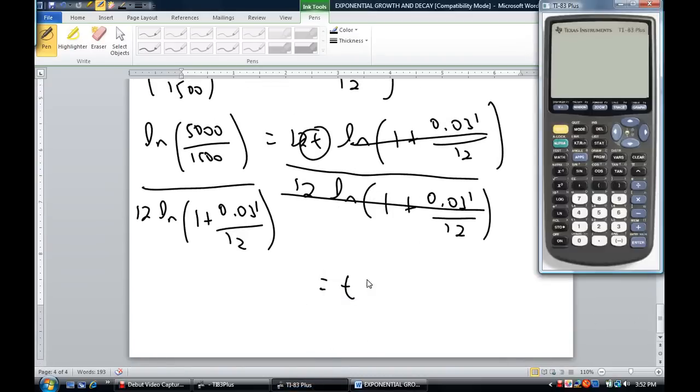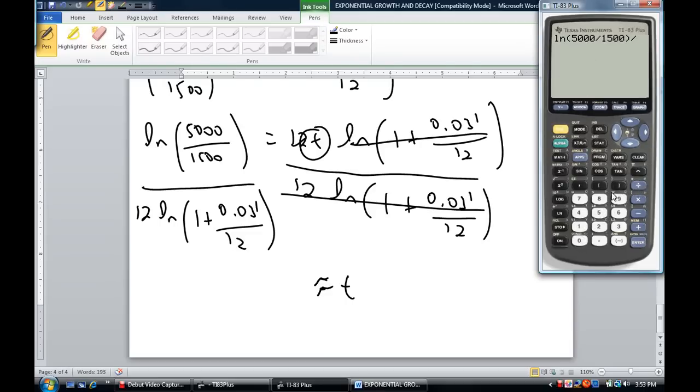Now let's go ahead and see if we can find the decimal approximation for this and make sure we can type it in correctly. So let's type in natural log 5,000 divided by 1,500. So that's one big number.